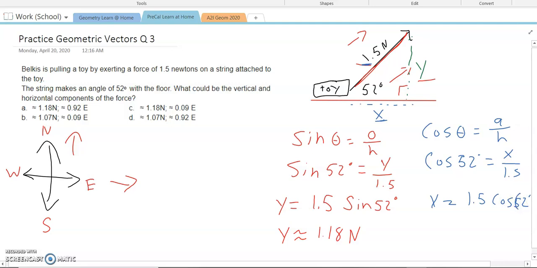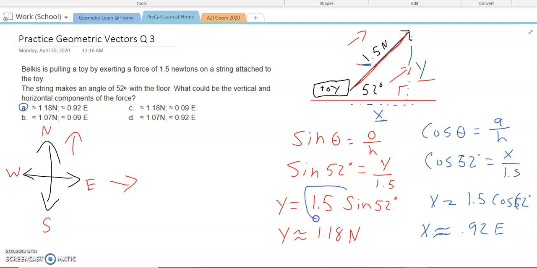X is going to end up equaling 1.5 times cosine of 52. Same thing, you plug it in the calculator, make sure it's in degree mode, and we do get approximately 0.92. So it should be answer choice A for this one.